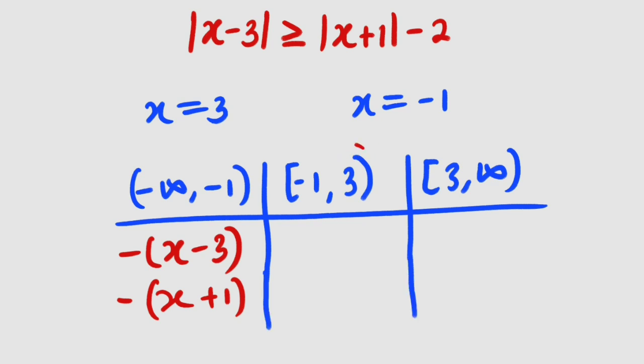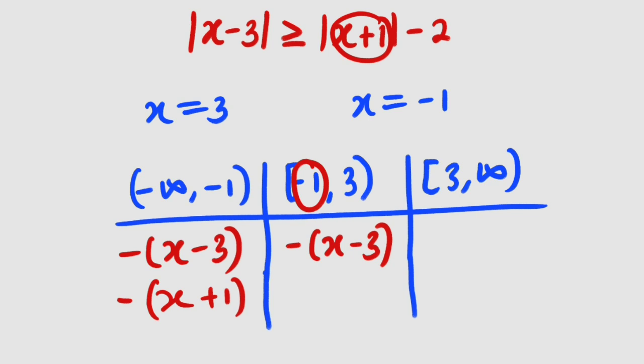Then moving to the other interval from negative 1 down to 3. All these values are less than 3. Therefore, this will remain negative, so we have the negative version of x minus 3. What about this one? Any value you choose from negative 1 down to 3, plug it in here, this will remain positive. For example, negative 1 plus 1 is 0, 0 plus 1 is 1, 2 plus 1 is 3.